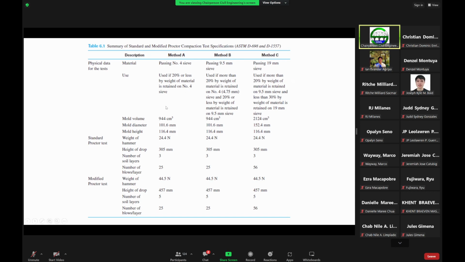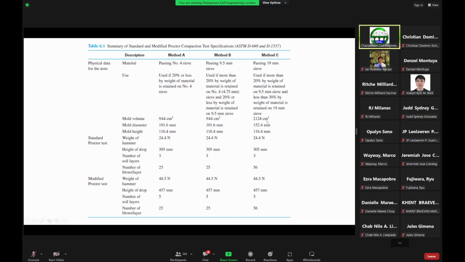Now, for the mold dimensions, for method A and method B it is just the same. But for method C, we use a larger diameter of mold.